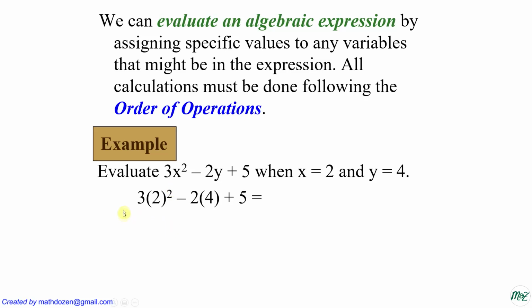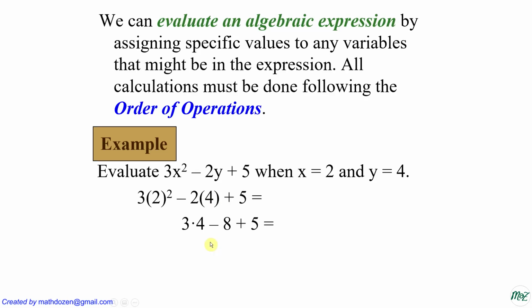Now we're going to follow order of operations, or PEMDAS, and simplify this new assignment that has no variables and involves only numbers. So first of all, we're going to look at the power, apply it, and multiplication. So that's 3 times 2 squared is 4, and then 2 times 4 is 8.